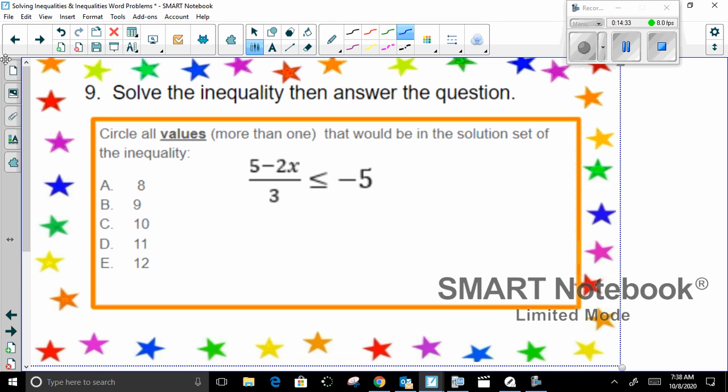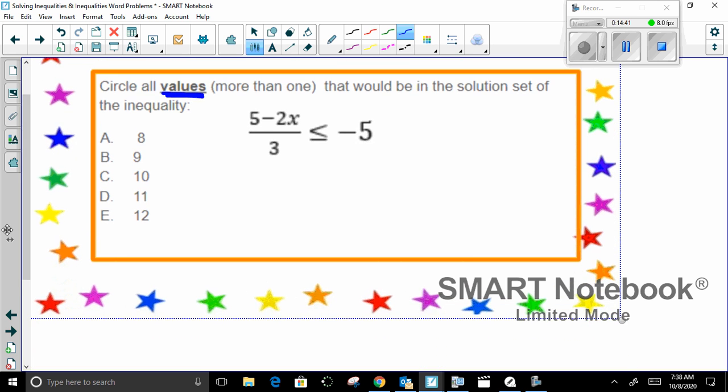Solve the inequality and then answer the question. Circle all values, more than one, that would be in the solution set for this inequality. Remember, when the whole thing's a fraction, you cannot touch the numerator until you get rid of the denominator. How are you going to get rid of the denominator? When it's in the denominator, is it addition, subtraction, multiplication, or division? It's division.